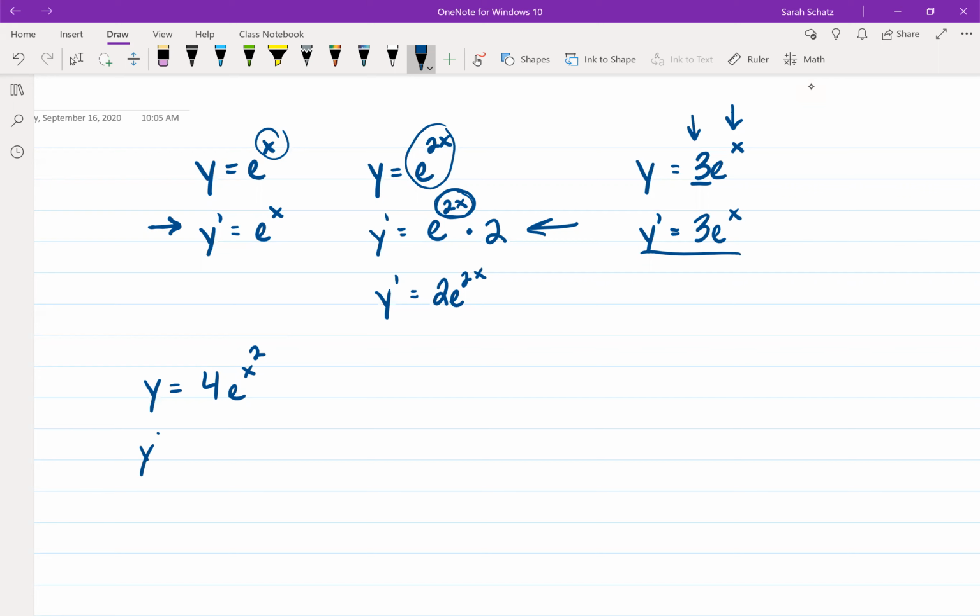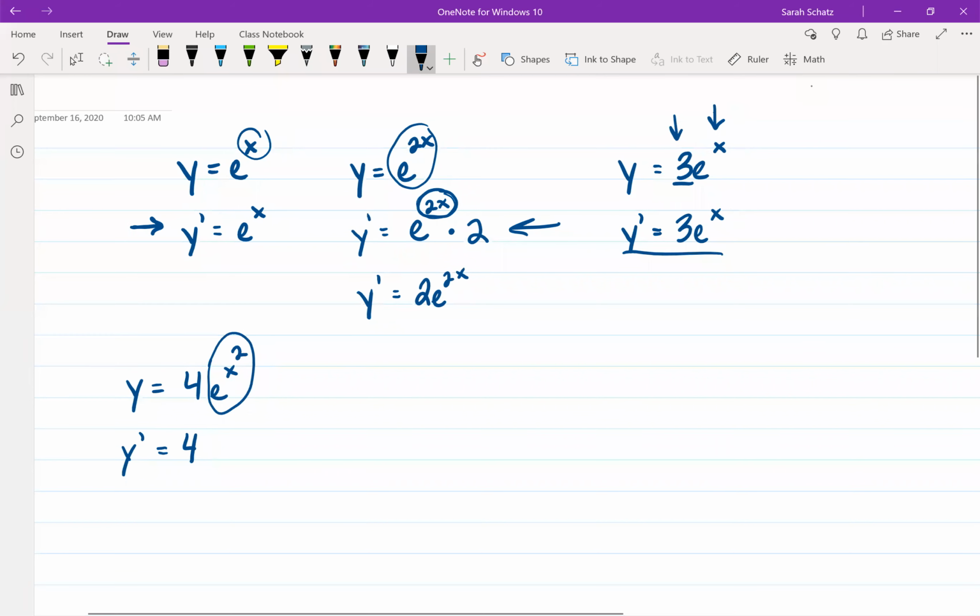You see an x squared in there, you see the coefficient 4, but it's the e term that makes your decision on how to take the derivative. So I say, okay, this is exponential, so I'm going to take the derivative as an exponential function. This 4 as a coefficient is going to stay in front.